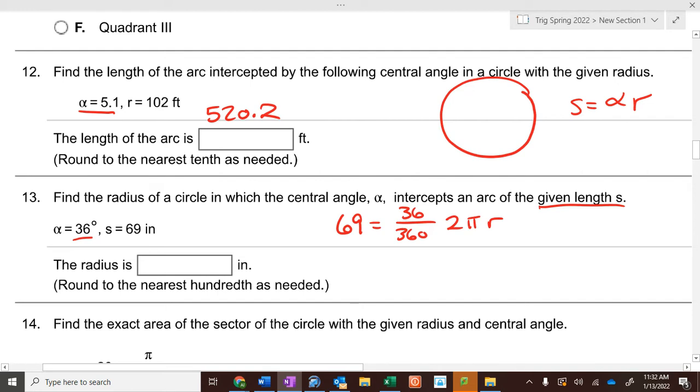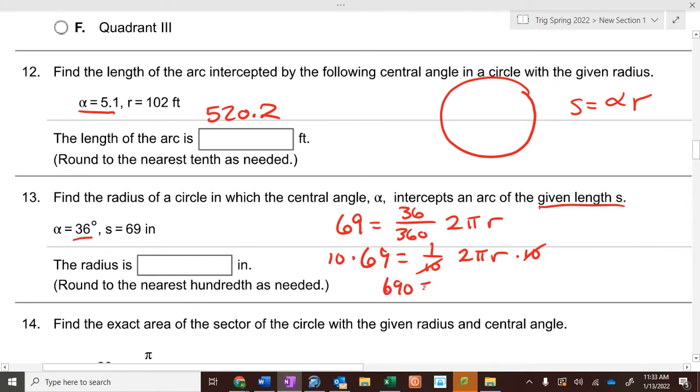What are we solving for? R. So, I know that 36 over 360 is 1 over 10. So how do I get rid of my fraction? Multiply by 10. 10 cancels.